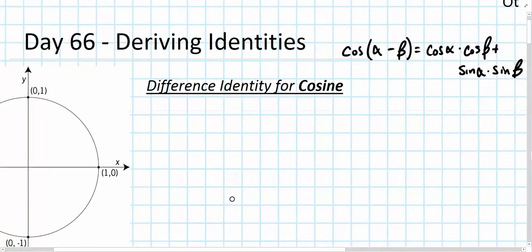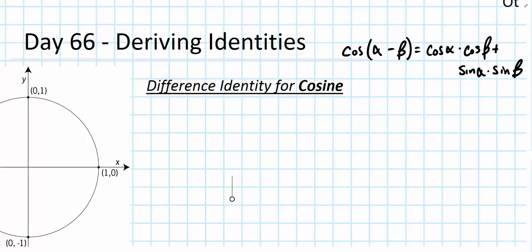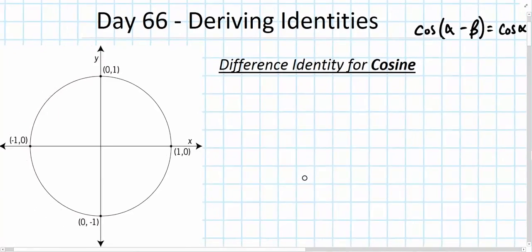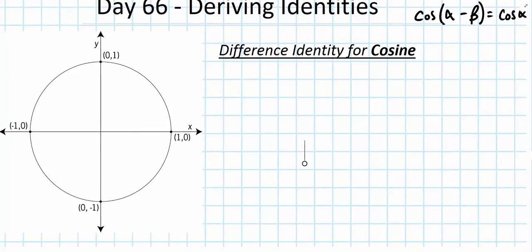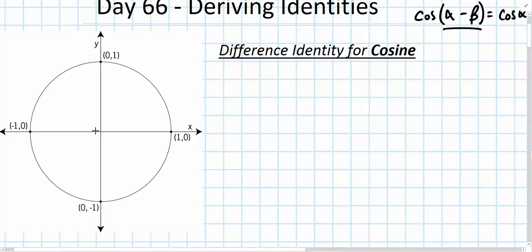But back to my example, we're going to start with this identity. I find that starting with the difference identity for cosine makes the following arguments a little bit easier. Before we do any math, let's talk about what's happening with these two separate angles. On this unit circle on the left-hand side, I'm going to draw the location of a particular angle, and I'm going to call this angle alpha.